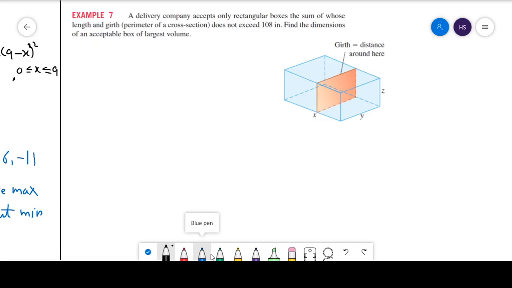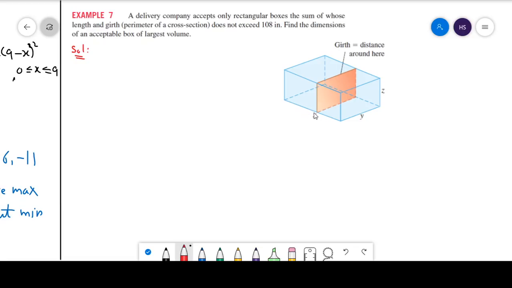So let's solve it. If this is our acceptable box, then the length is x.